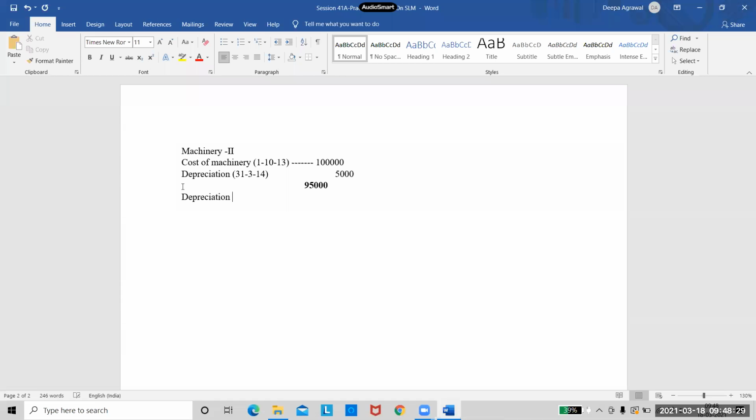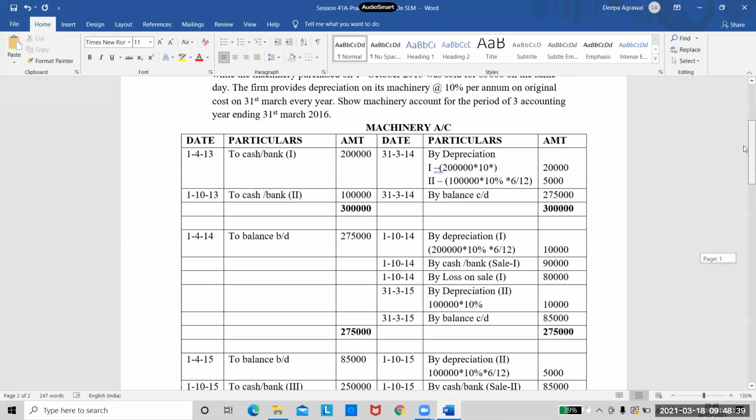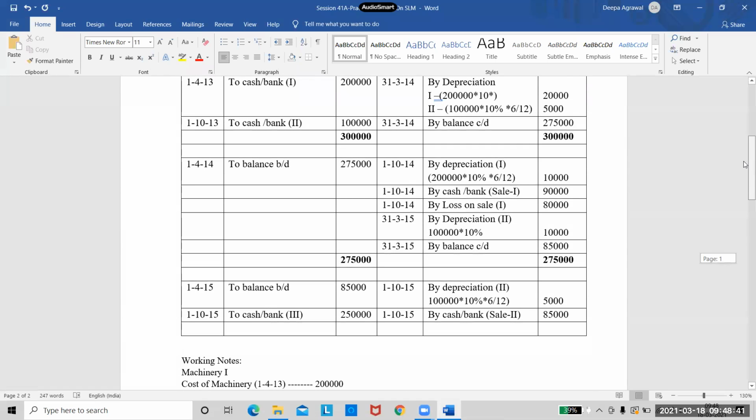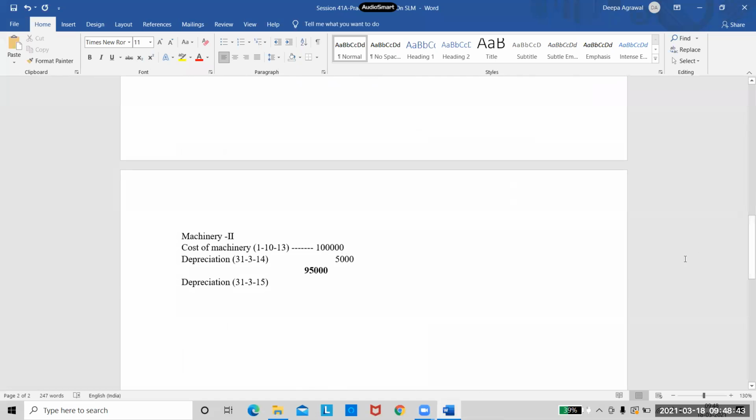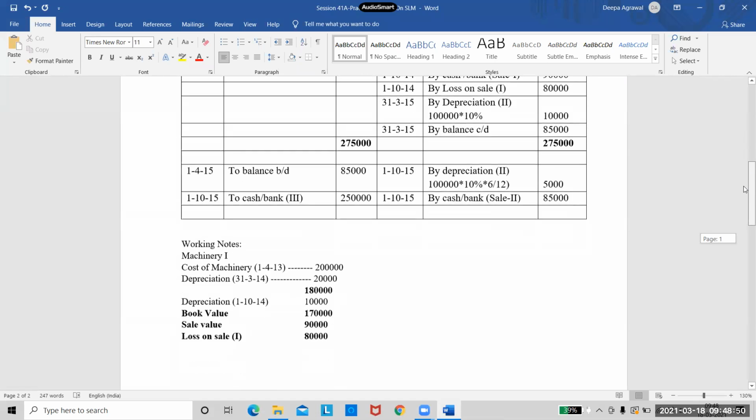Depreciation was provided on 31st March 2015. First we provided 5,000 in 2014, and then in 2015 we provided 10,000.